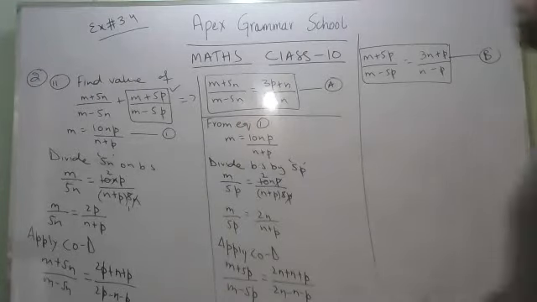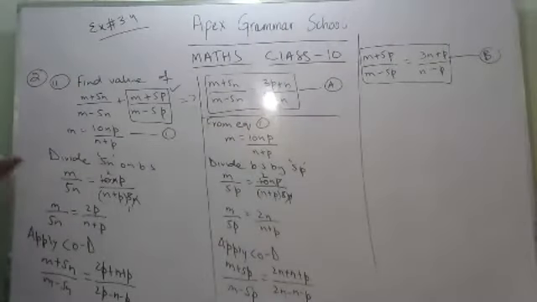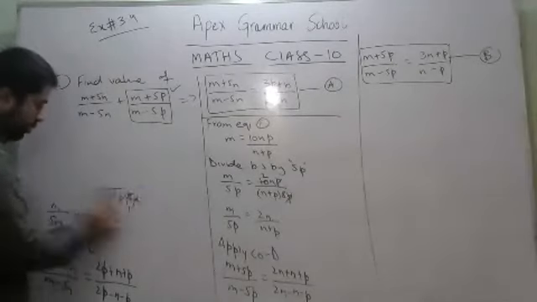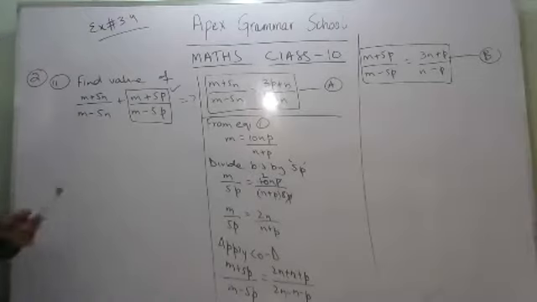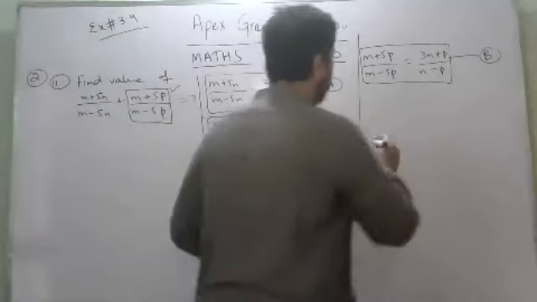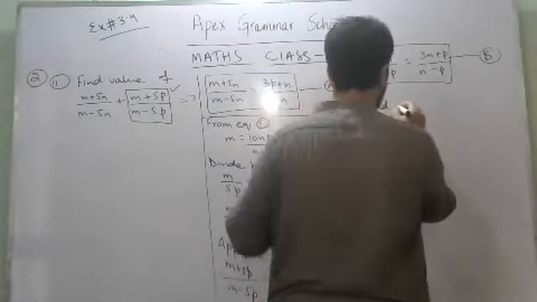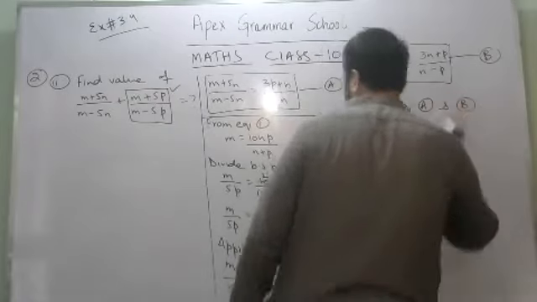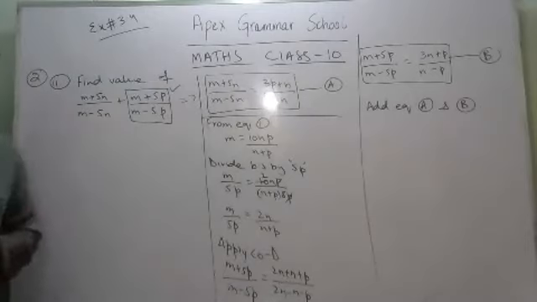After that, our requirement is to add both of them, so I will erase all this. We need to do that with question number A and question number B. Why are we adding them? Because this is required.